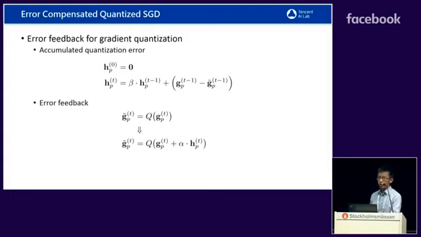The error feedback scheme is adopted in the quantization function. So instead of just feeding the current local gradient into the quantization function, we also add the accumulated quantization error H and use alpha as a hyperparameter to adjust the trade-off between the current local gradient and the accumulated quantization error.